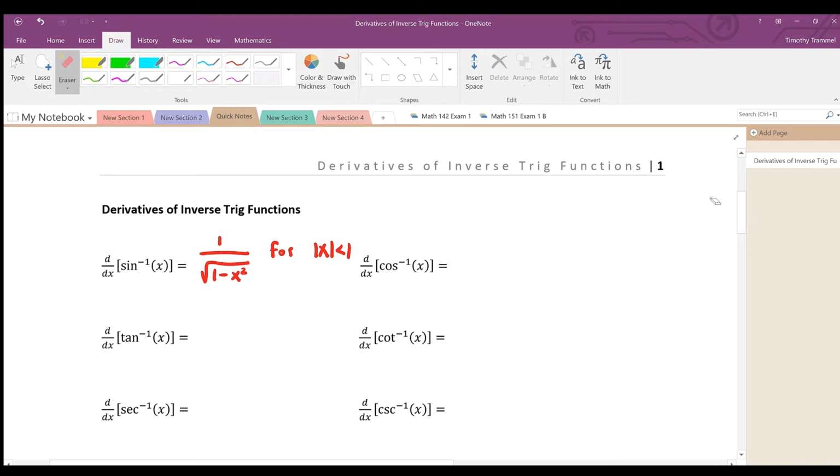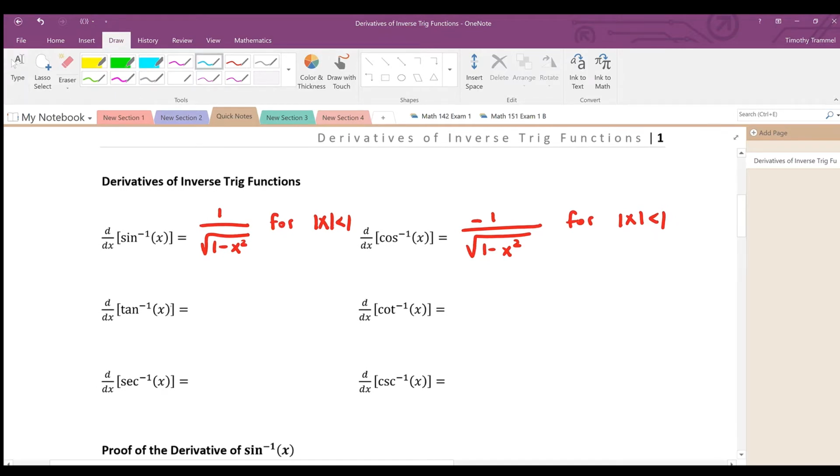Then for inverse cosine, the derivative is -1 over the square root of 1 minus x squared, and this is for the absolute value of x less than 1.